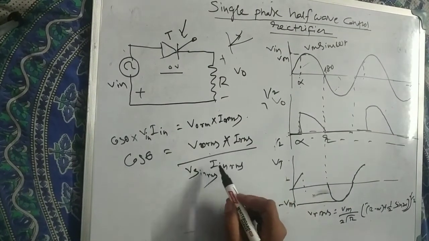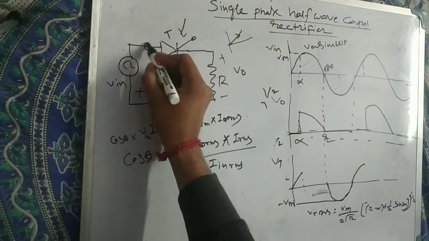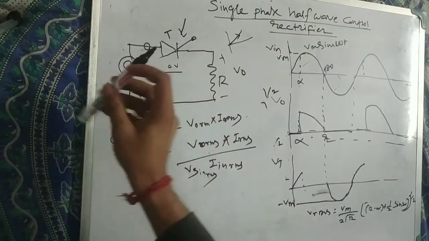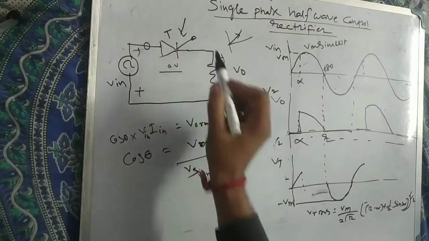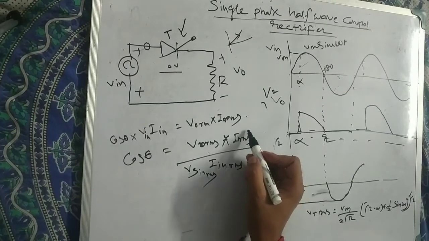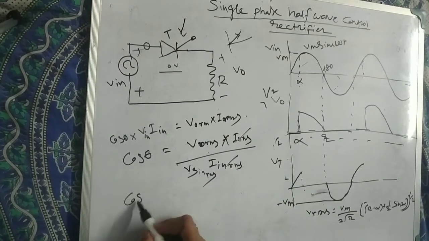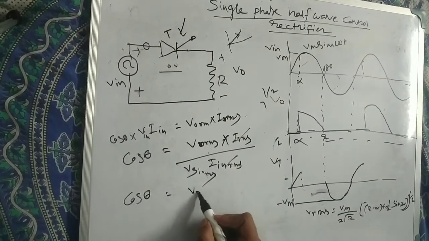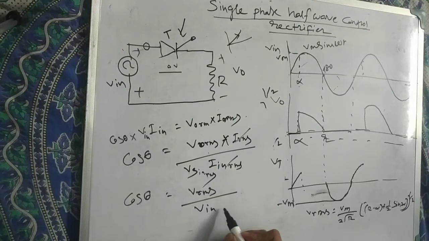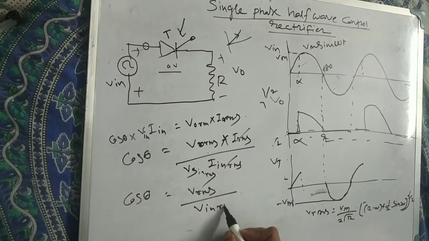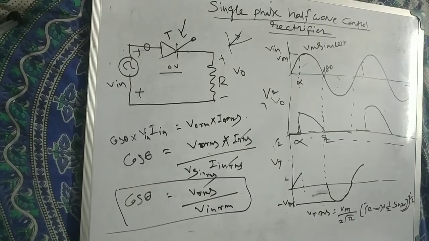Now the input current must be equal to the output current, because if you apply KCL at any point, the current supplied from the input must be equal to the output. So the input and output currents will be the same, so we can cancel them. So the power factor of input equals V output RMS by V input RMS. You have to also remember this equation.